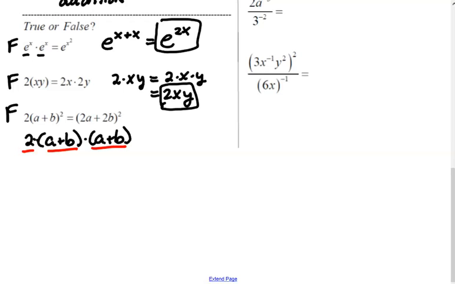So I cannot distribute the 2 to both of these because these 3 quantities are all multiplied together, just like in example 2. 2 times x times y. 2 times a plus b times a plus b. So I could distribute the 2 over the first quantity, but not the second one, and I could have 2a plus 2b times a plus b. Or, because I can multiply in any order that I want, I could do the squared part first and then multiply everything by 2.